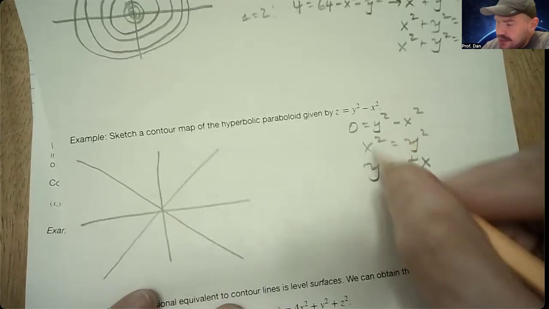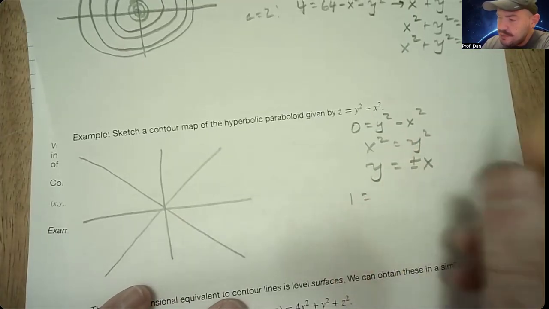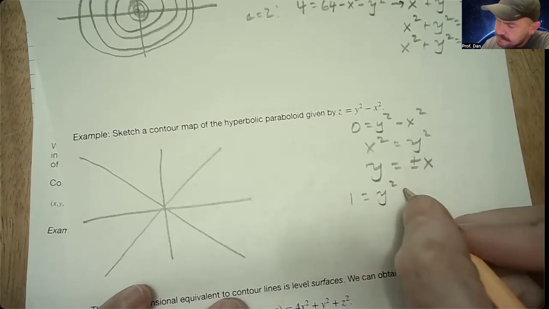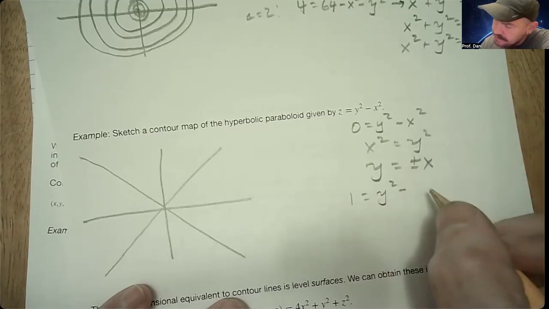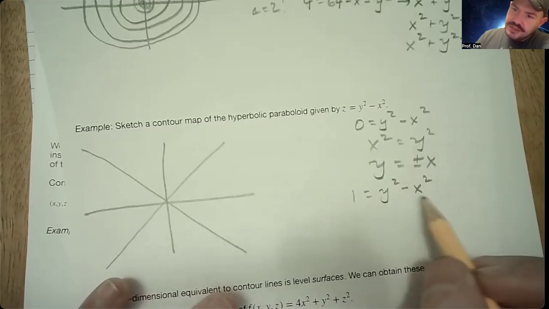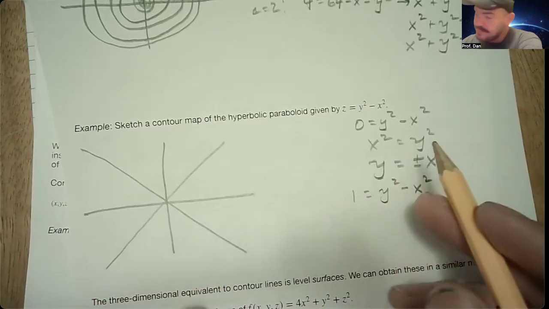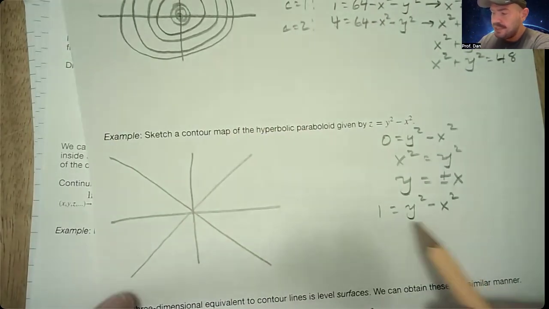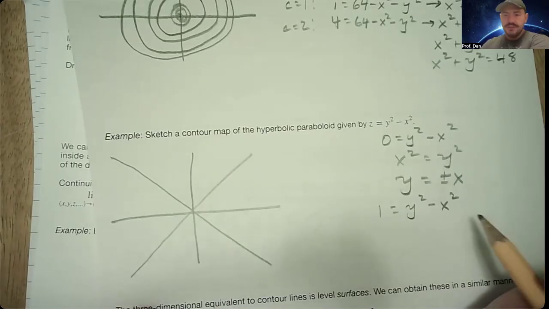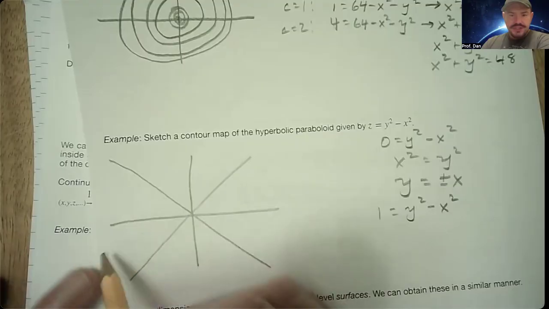If I were to take another one like, say, z equals 1, right? This is the equation of a hyperbola. So you remember your hyperbolas, right? If you were to graph them, x squared minus y squared kind of made this shape.